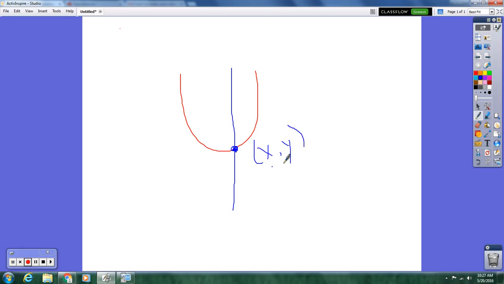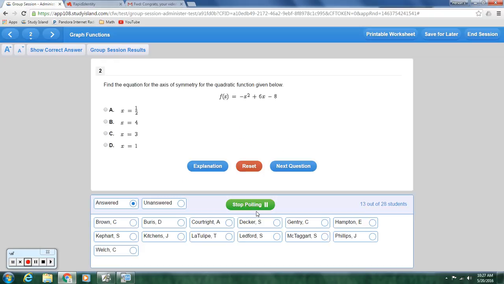The x. Alright, so you're finding the minimum or the maximum. So graph it, and find the minimum or the maximum. You're looking for the x part and the minimum or the maximum.